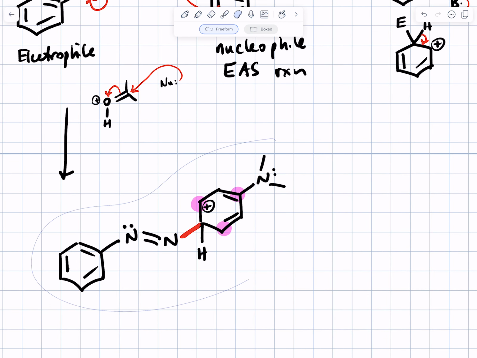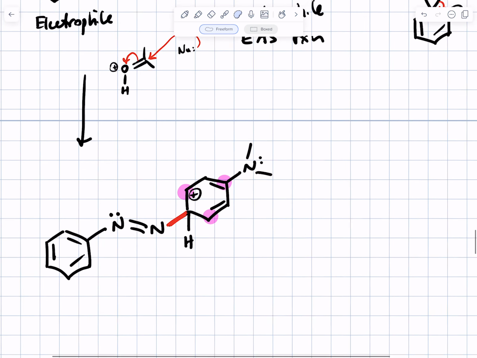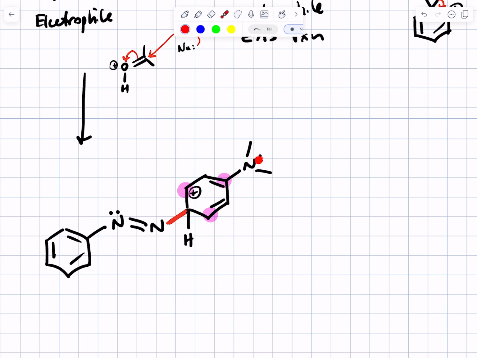And hopefully you can see in your mind's eye how the lone pair on the aniline could donate electron density to form a pi bond here, thereby stabilizing that positive charge. Can you imagine it? Can you see it? Looks like this.